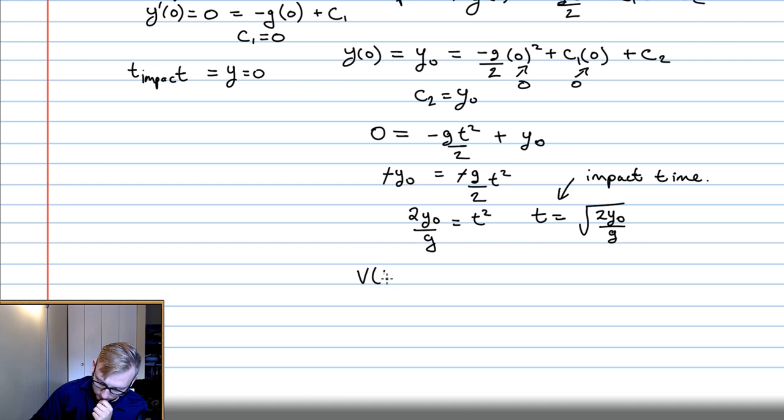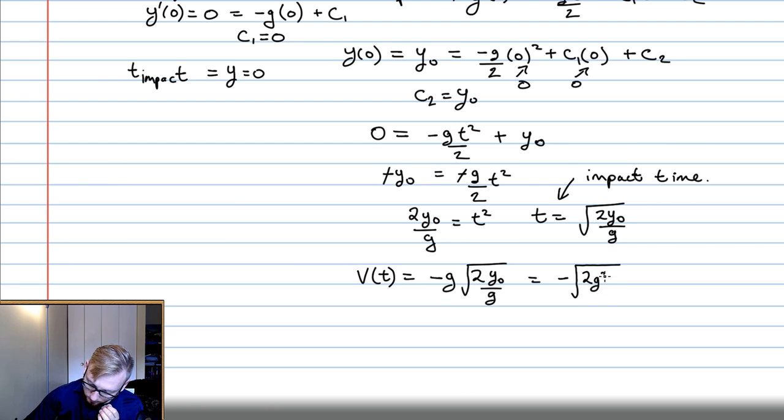Well, velocity at the impact time is negative g times the t impact, which is the square root of 2y0 over g, which then, if we take the g onto the inside, we've got negative 2 times g squared, because if you take it in, it just becomes squared.